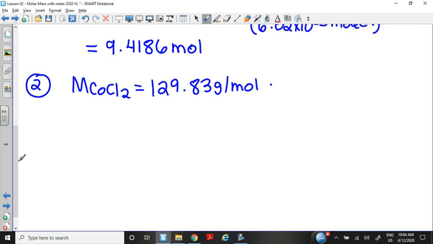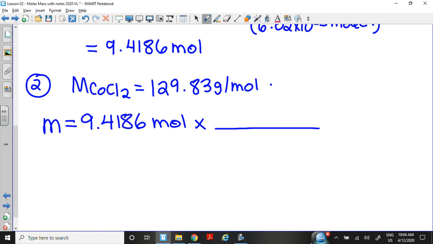So how do we start the next problem? We start with what we're trying to find, which is our mass, but we have to use our answer from step 1. So that 9.4186 is going to start off this part of the calculation. Then we're going to multiply it again, always by a ratio.